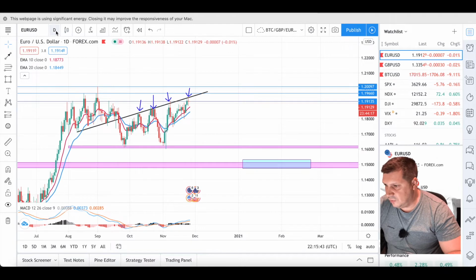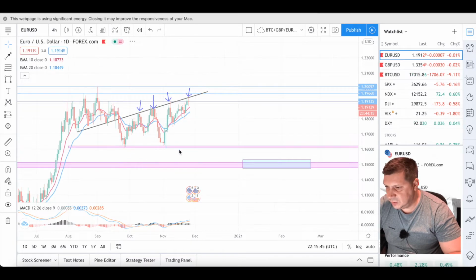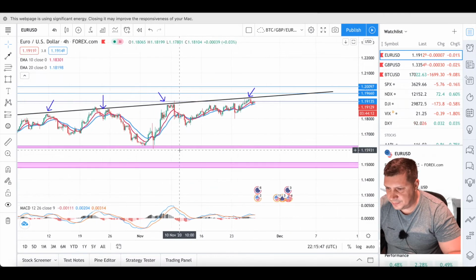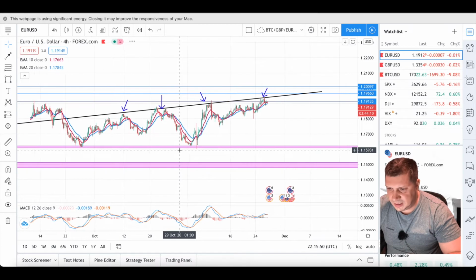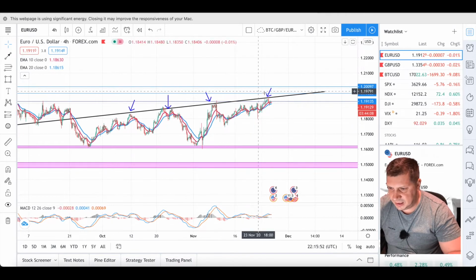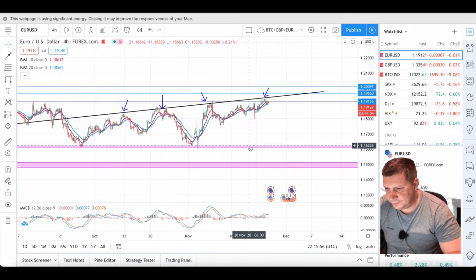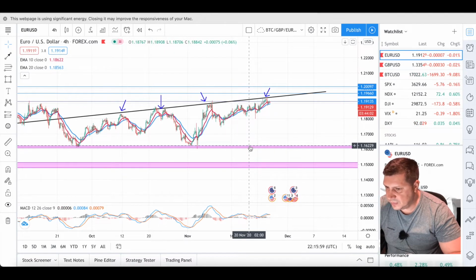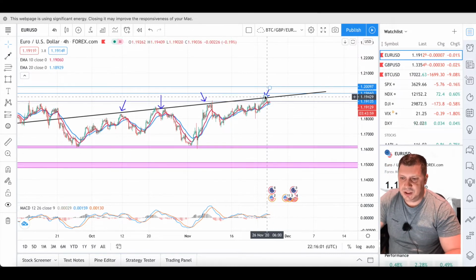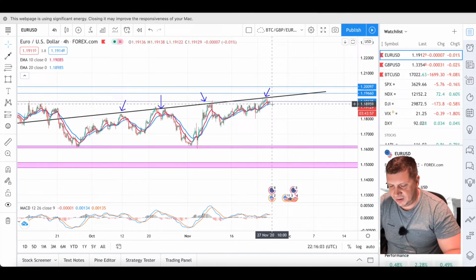Now let's go to 4 hours and see what's interesting on the 4 hour. 4 hour is like daily. We see this line of rejection, and we see that we are now at the top of it. But the market is still bullish.